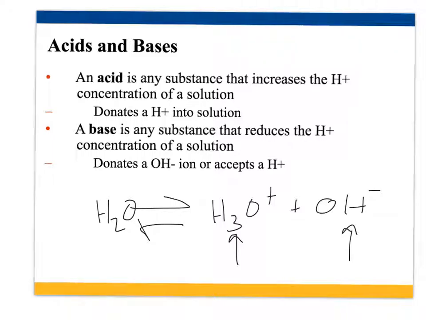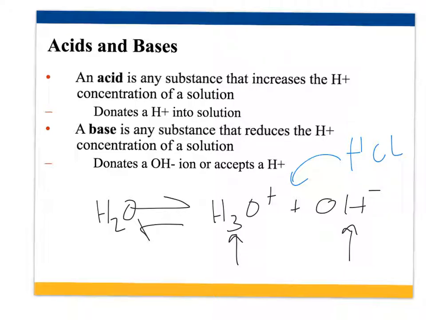Okay? But now when I add another acid from the outside, HCl, what's going to happen to the amount of hydrogen ions? All together now. It's going to increase or decrease? Increase. Okay? So what does that do to the pH?